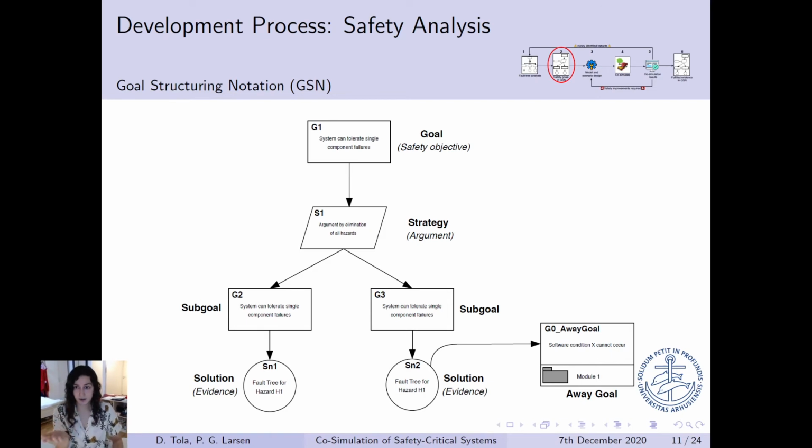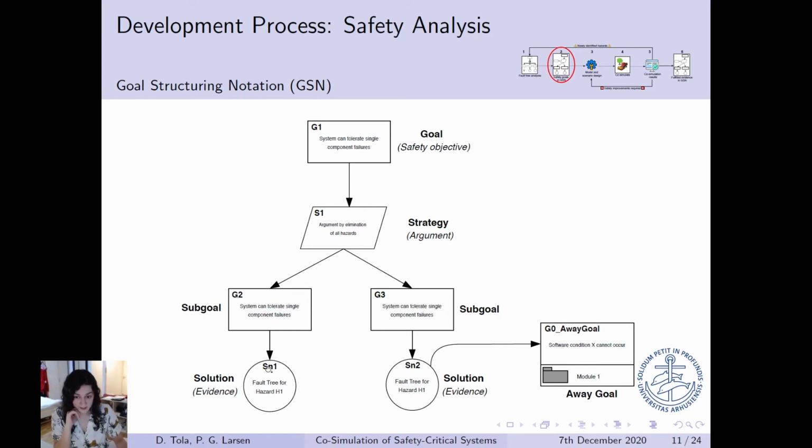So GSN is just a way to visualize how a safety objective is, or how an evidence is related to a safety objective by using a specific argument, for example. And this is the strategy element, which is the same as the argument. So you describe how your argument is used, for example, here it fulfills this safety goal, or that this safety goal is a sub goal of this safety goal.